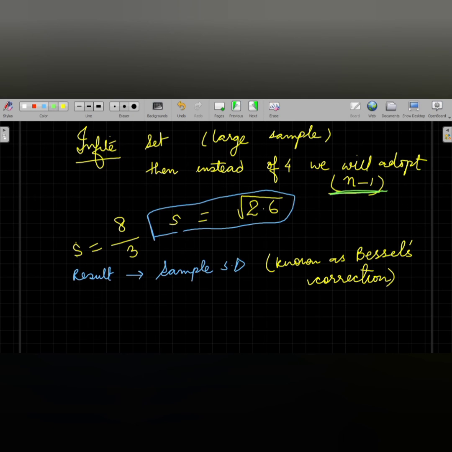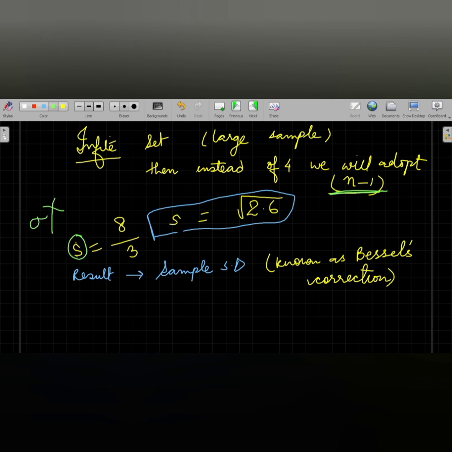And here we write small s instead of sigma, because we are taking a sample, not calculating the whole population.